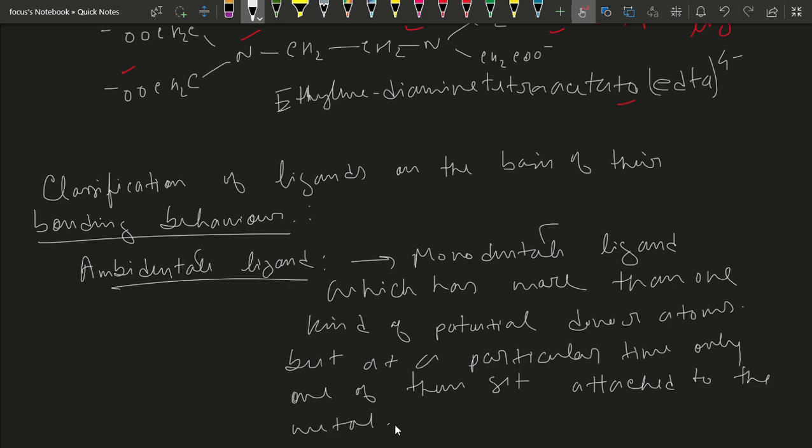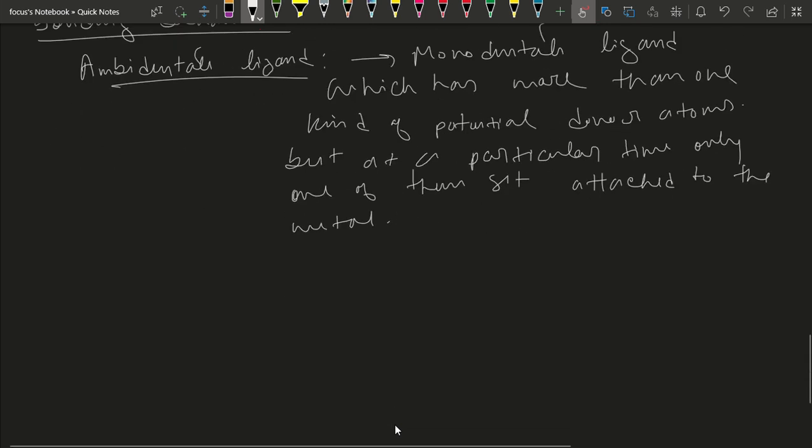So it is basically a ligand which has two potential donor atoms, but at one particular time only one of them gets attached to the metal. It is basically a monodentate ligand which has more than one donor site.